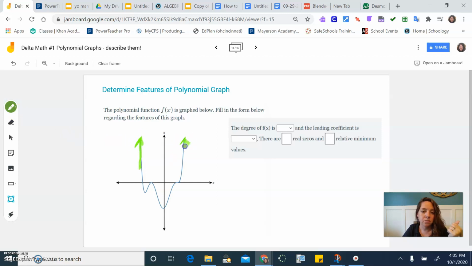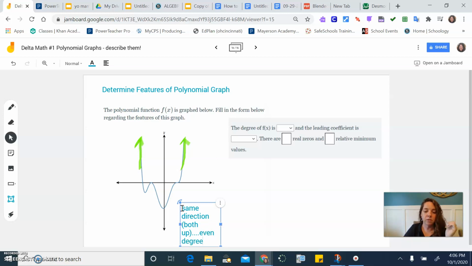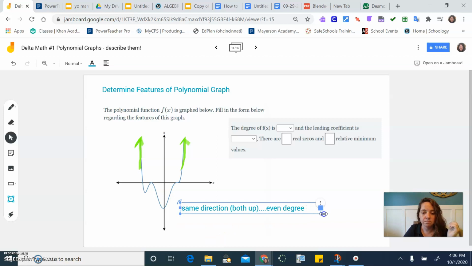What's this side doing? It's also going up. So same direction. In this case, they're both going up. So that means it's an even degree function. Even degree polynomial, even degree function. So I would type in there, even.